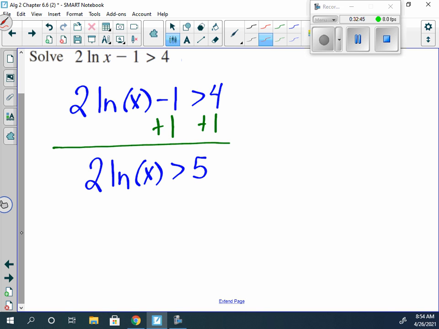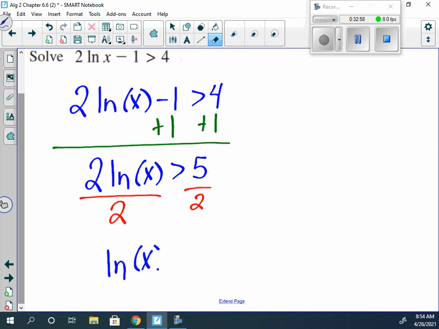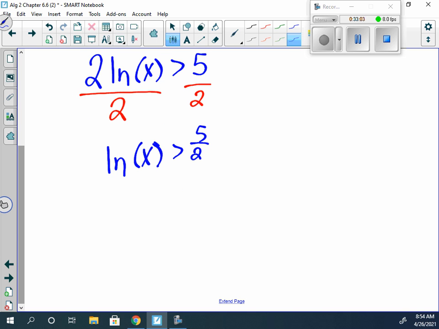Almost. So we would get ln by itself. And once we get ln by itself, then we would use e for these to simplify out, leaving us with x is greater than e to the 5/2.